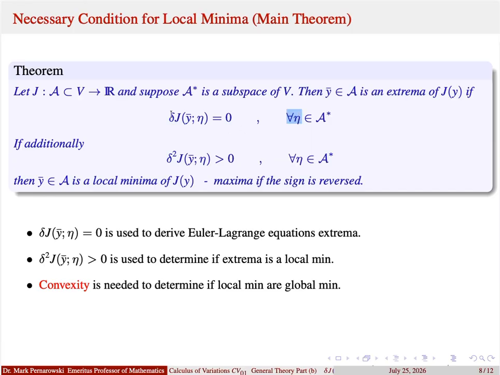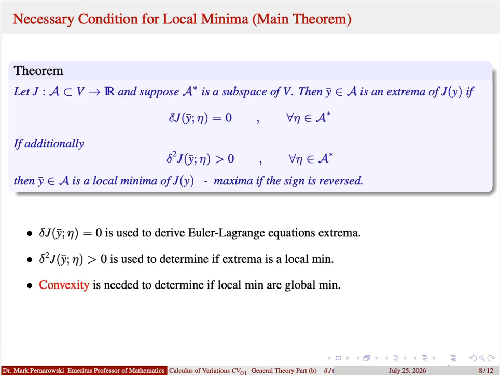If J were a function of two variables, this would actually be a gradient, and you'd be talking about directional derivatives, and you'd want to say that the directional derivative is 0 in all directions. That would point to it being a minima, say. So this is a requirement for y bar to be an extrema, and that's how we're going to find extrema later.